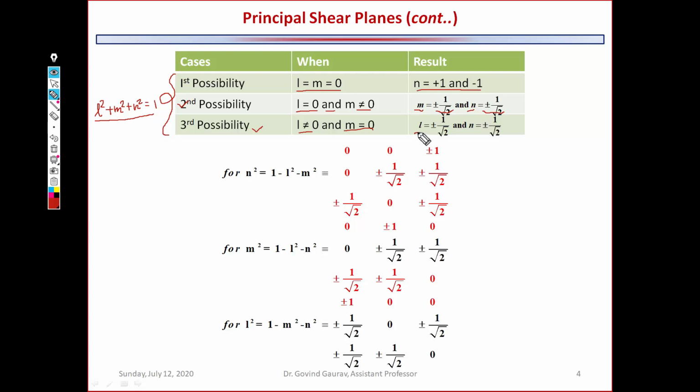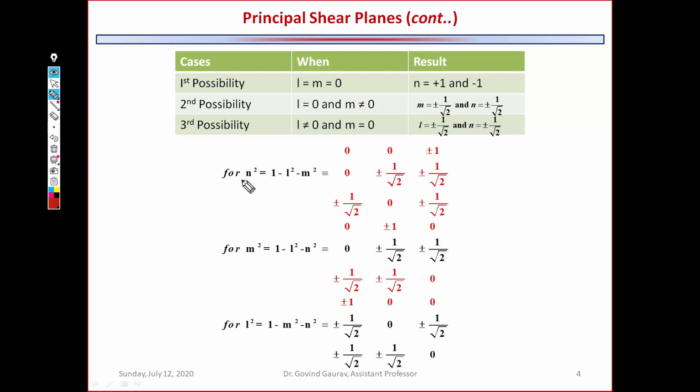In such a case, we get the values of L as plus minus 1 by root under 2 and the value of N is equal to plus minus 1 by root under 2. So we are able to get the different values of the direction cosines with respect to the different values we are substituting in these equations.